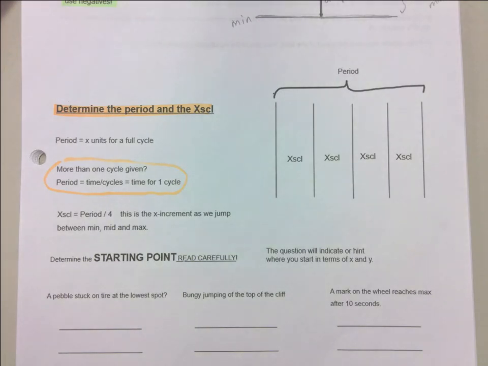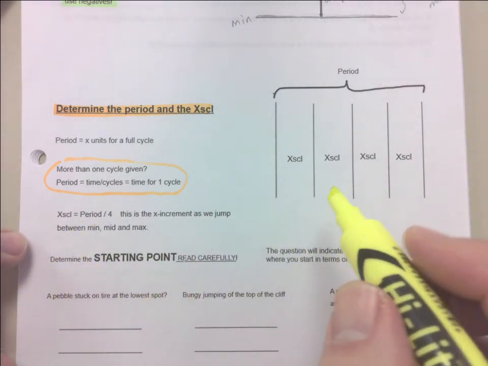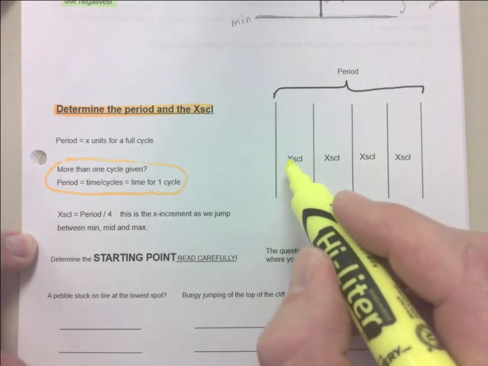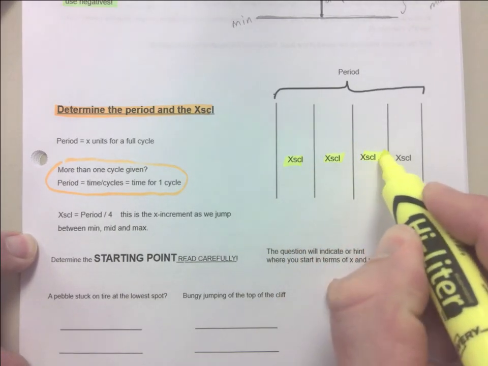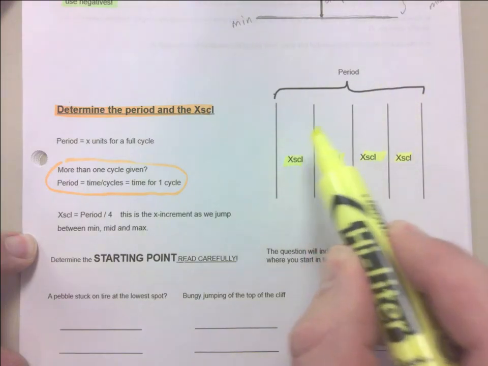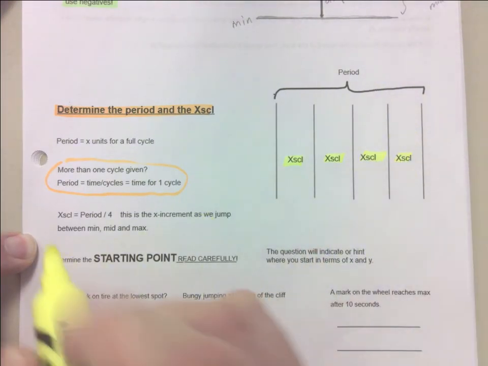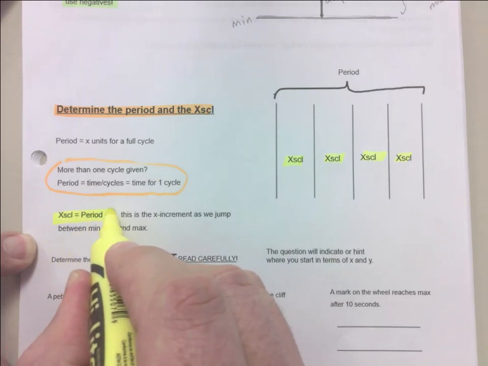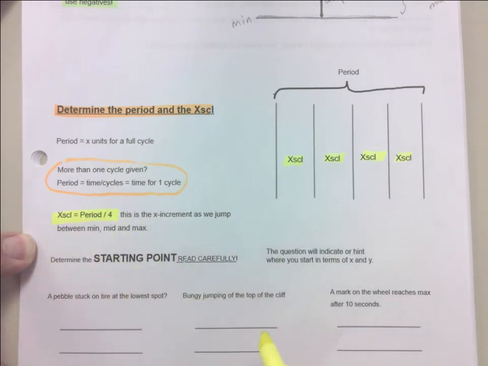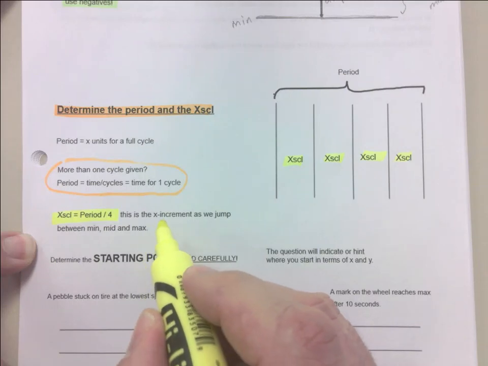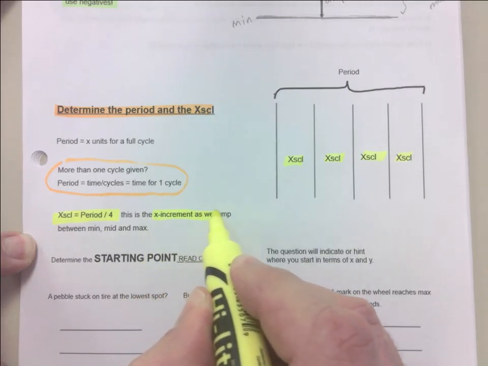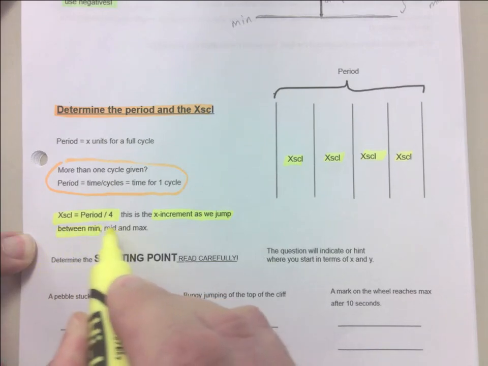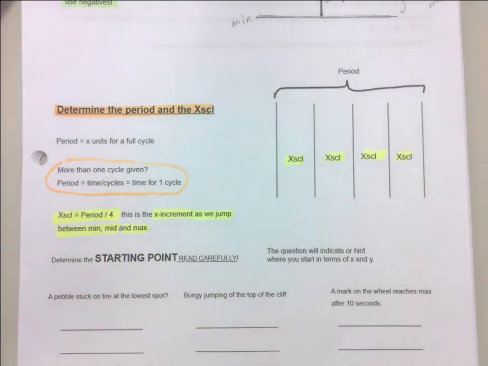Next, to get what I call the X scale here, we take our period and we divide it into quarters. We go period divided by 4. And this will give you the X increment as we jump between the min, the mid, and the max.